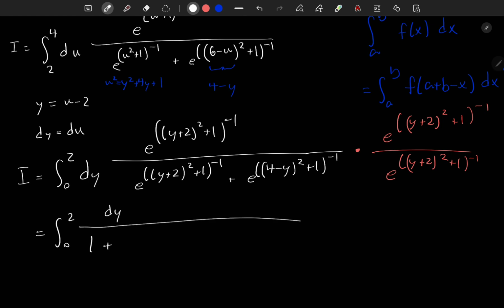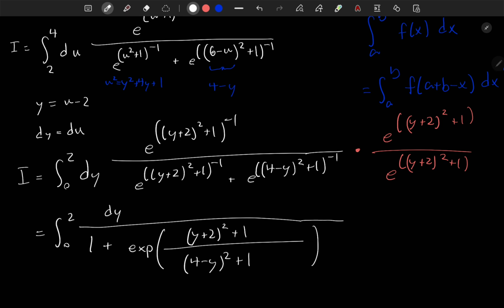Our denominator will be 1 plus the exponential function of, that's no reciprocal there on the red, it would be y plus 2 squared plus 1 over 4 minus y squared plus 1. Okay.